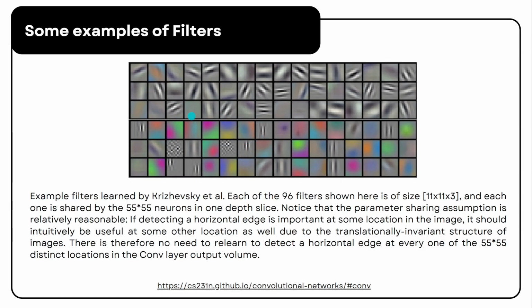Each filter is tuned to detect a specific type of visual feature, like a particular edge orientation or texture, across different parts of the image. So what's really interesting is that these filters don't need to relearn the same feature for every location in the image.